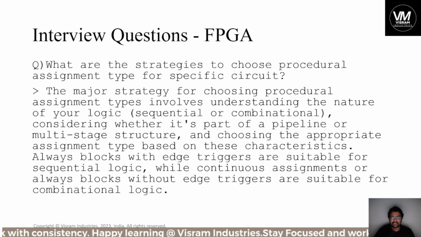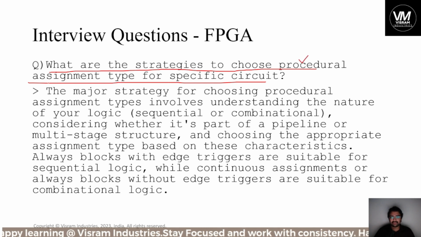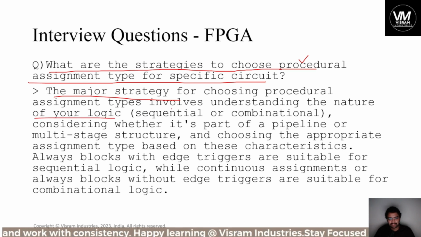What are the strategies to choose procedural assignment type for a specific circuit? The major strategy involves understanding the nature of your logic, whether it is sequential logic or combinational logic.